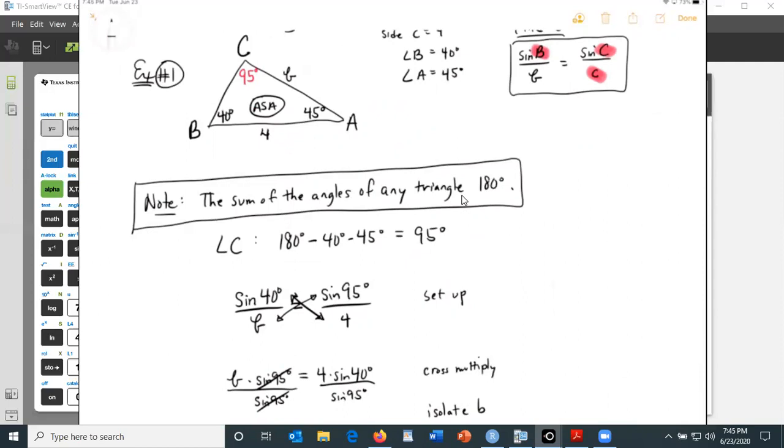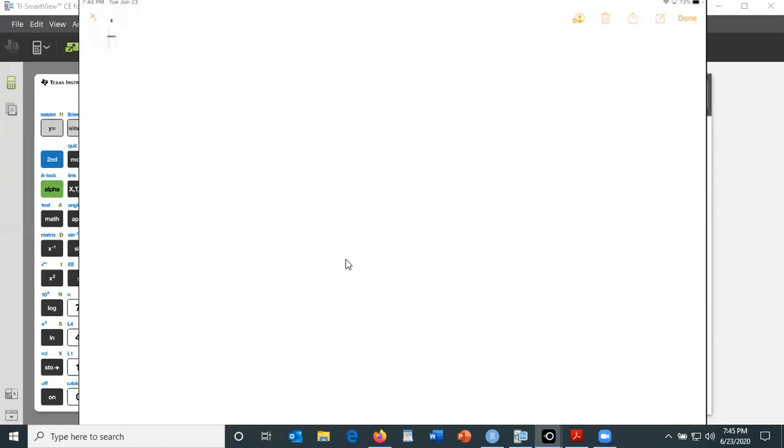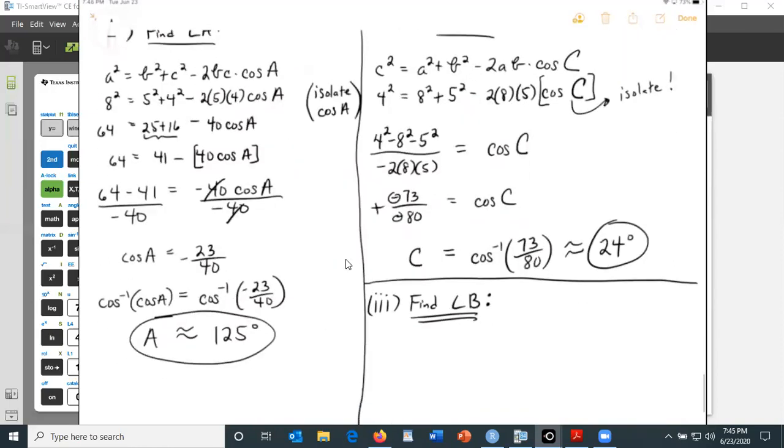That rule is super easy to use when you know 2 of the angles. In this problem we know 2 of the angles, so it's only 180 minus angle A minus angle B.